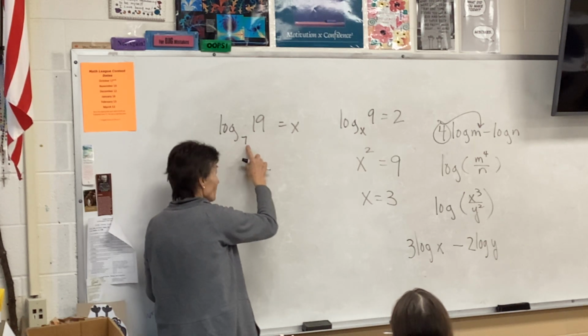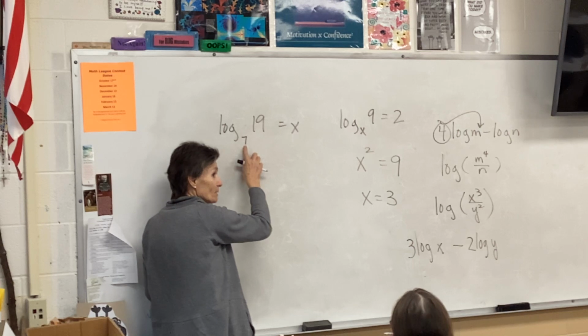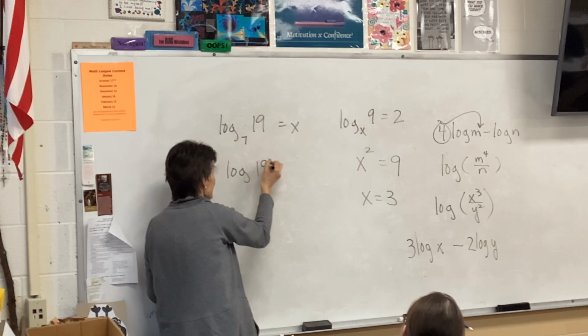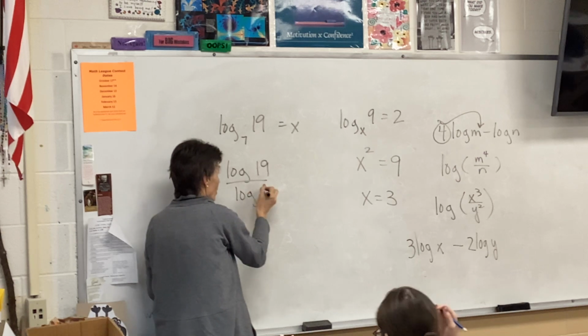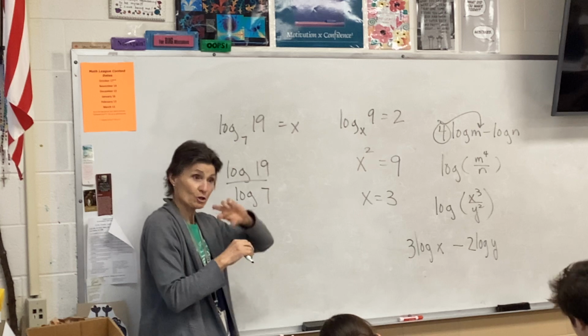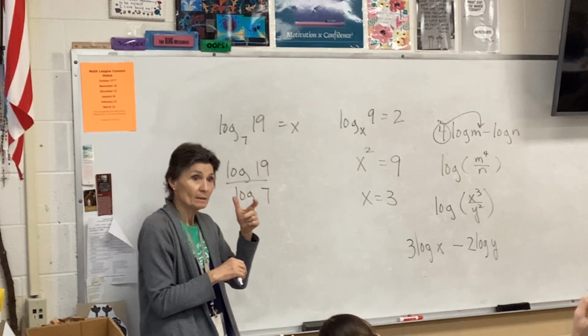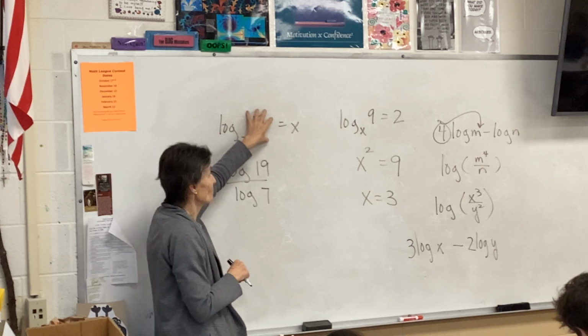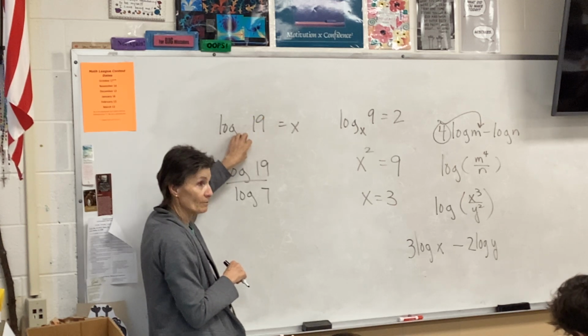Does anybody remember how that works? It's log 19 divided by log 7. So that's the shortcut way to do the problem. You can always do it that way, and it's always the log of this divided by the log of this.